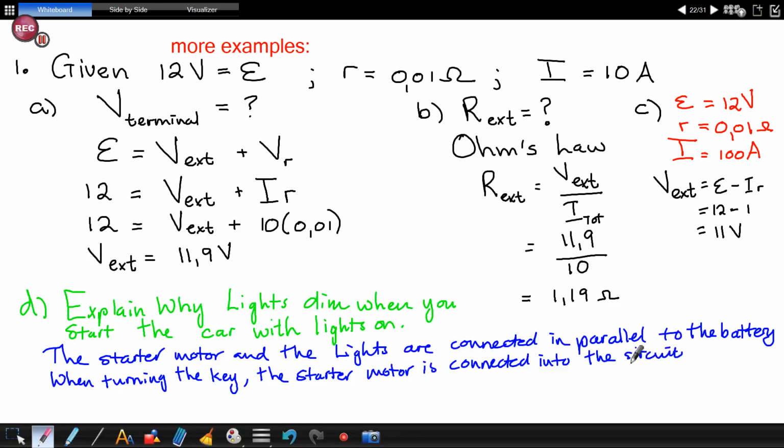It's connected into the circuit. What's going to happen to the total current? It will increase.